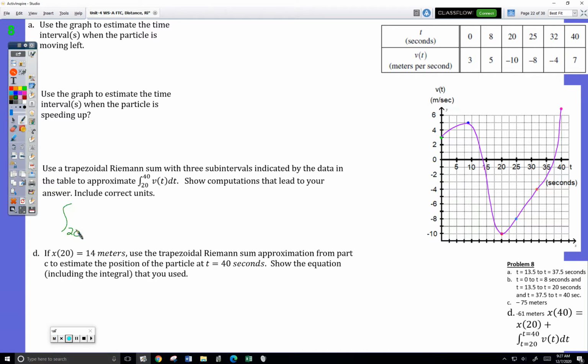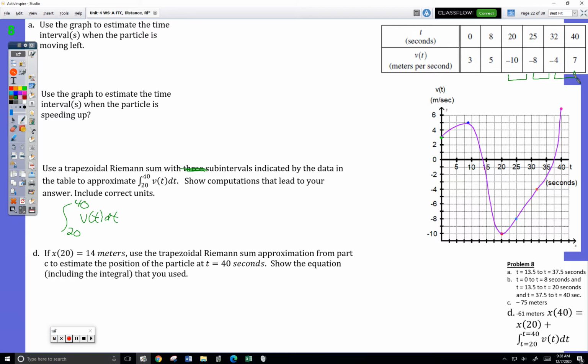They could say, do the integral from 20 to 40 of d of t dt, leave this off and just say use subintervals as indicated by the data in the table. And you go, oh, I got it. I'm supposed to go for 5 seconds, 7 seconds, 8 seconds, because I'm just following the table. They may have done that. Does that make sense? Yeah, that makes sense.